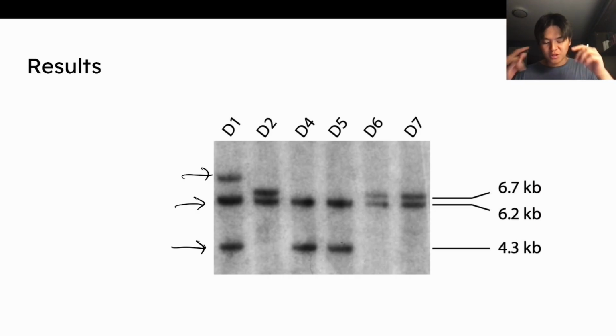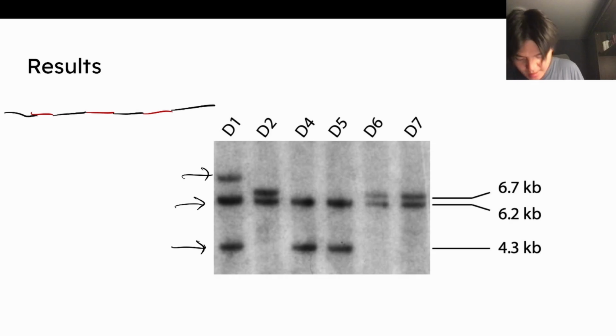So if we have multiple instances of this gene across different places on this genome, chances are when we do our restriction digest we're going to get 3 different genes of different lengths. For example, let's say we have 3 genes here.